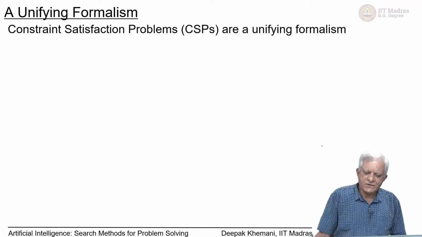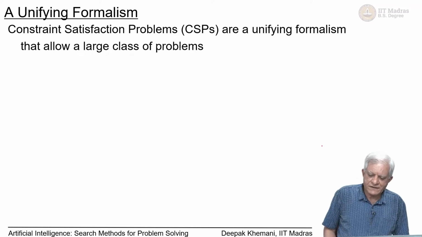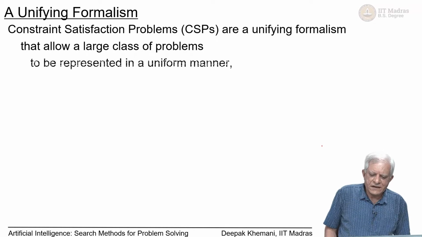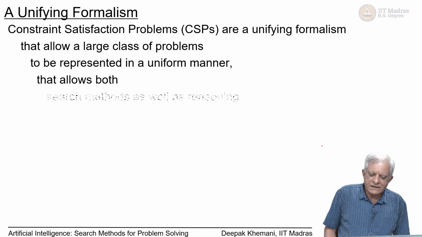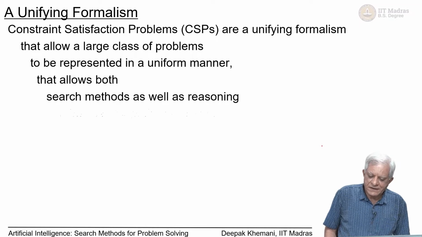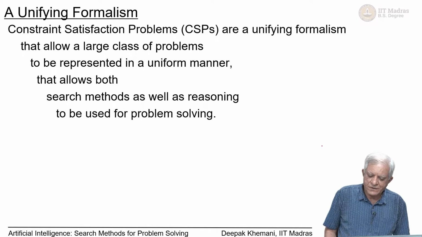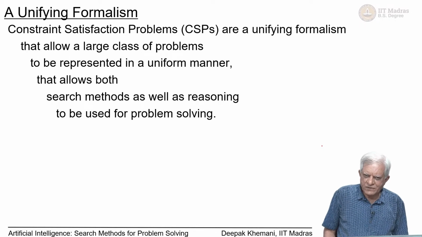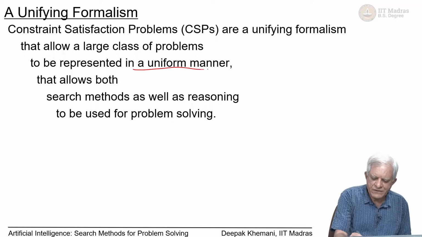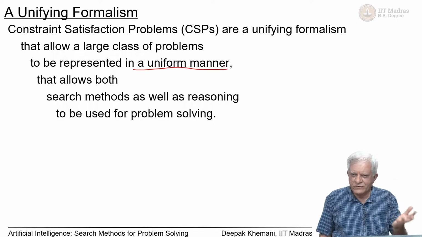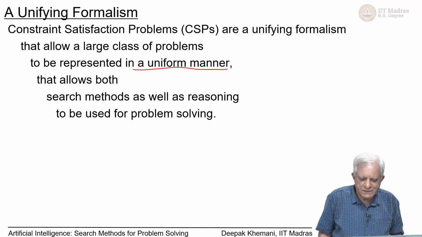Now, we are looking at this unifying formalism, which is constraint satisfaction problems, that allow a large class of problems to be represented in a uniform manner, and that allows both search methods as well as reasoning to be used for problem solving essentially. So, the nice thing about whatever methods we are studying is that they are general purpose methods essentially. So, you represent them in a uniform manner, whatever you are doing, and then use general solvers to solve those problems essentially.